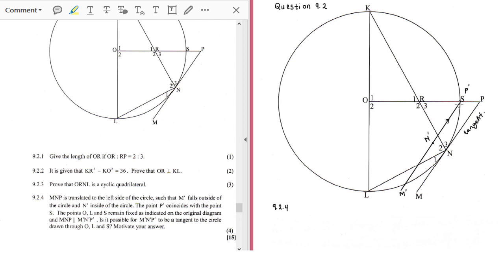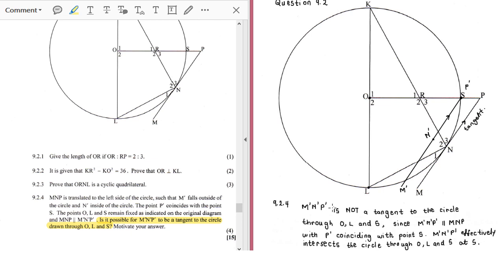So that's the new position of the tangent, and it is now parallel to this old tangent over there. The question is, is it possible for this new position to be a tangent to the circle drawn through O, L, and S, and then we need to motivate your answer.